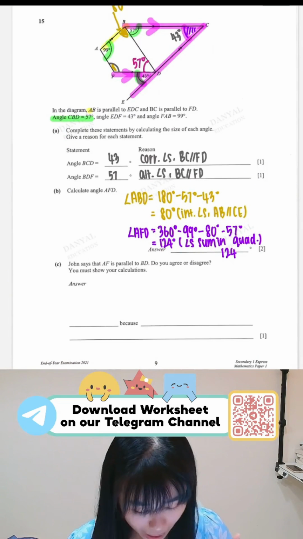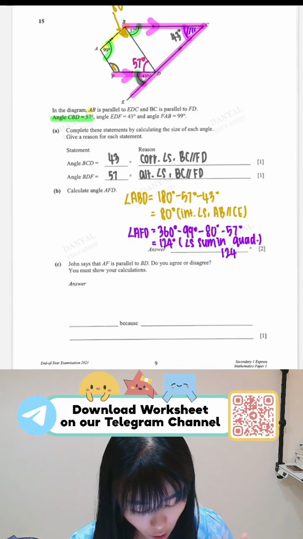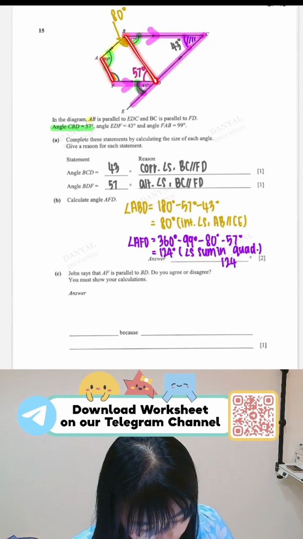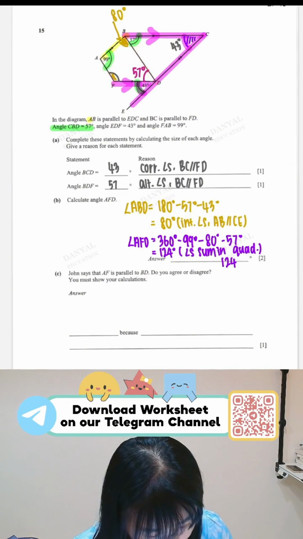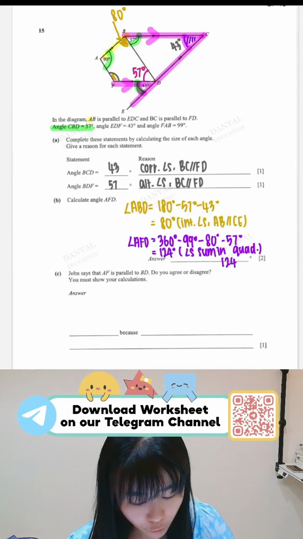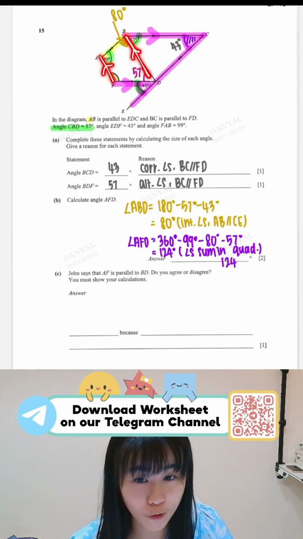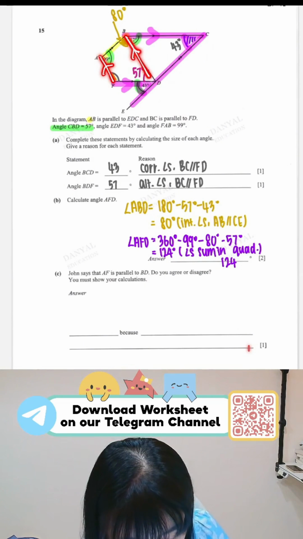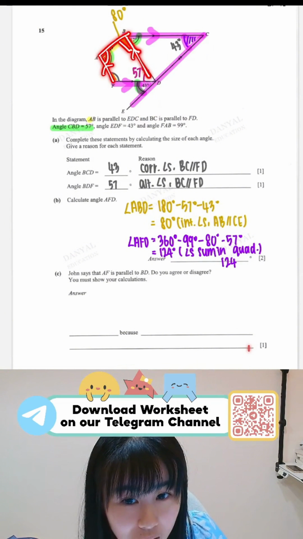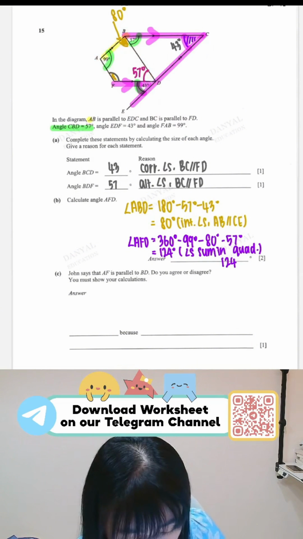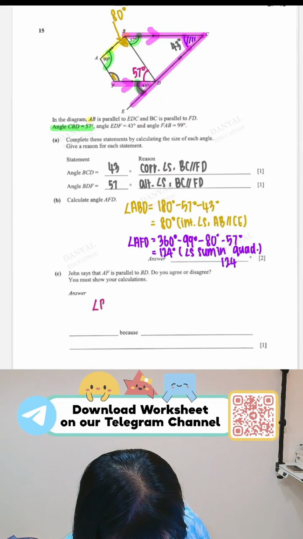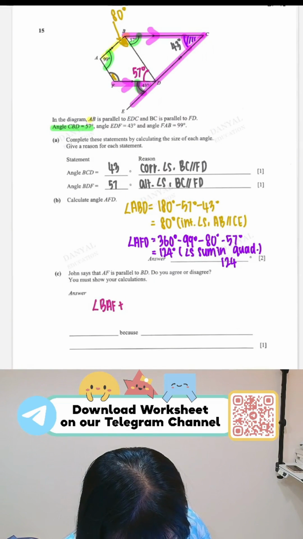Okay, part C. John says that AF is parallel to BD. Do you agree or disagree? Okay, for it to be parallel, then it will fulfill the interior angle property. Interior angle states that these two must add up to 180, then they will be parallel, right? So let's check. We are going to use angle BAF plus angle ABD.